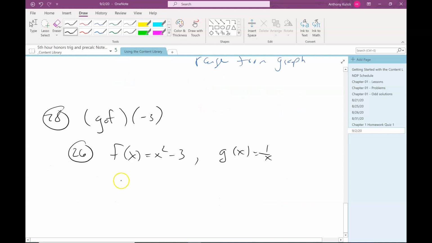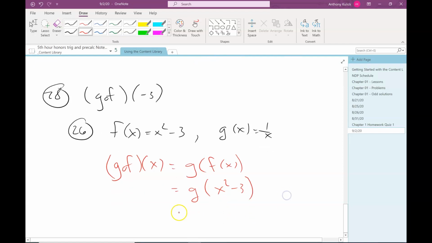Okay, so 26 says this. So if I do G of F of X, which is what we were asked to do in 26, I like to start by replacing F of X with the expression that it's equal to.